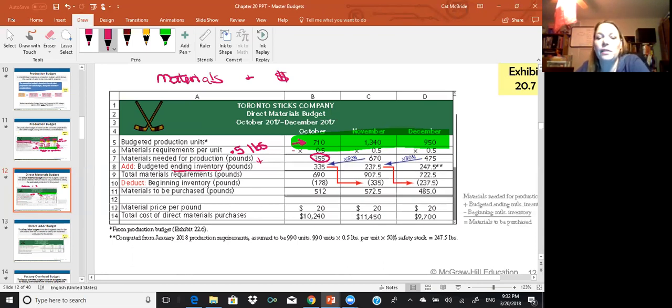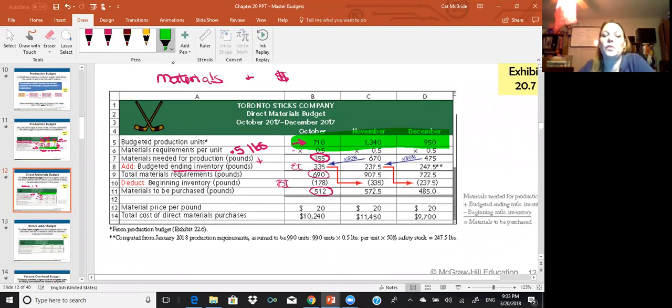For ending inventory, we're going to have 670 units times 50%. We need 335 pounds for ending inventory. So we're going to need a total of 690 pounds minus what's in beginning inventory. So we have to purchase a total of 512 pounds.